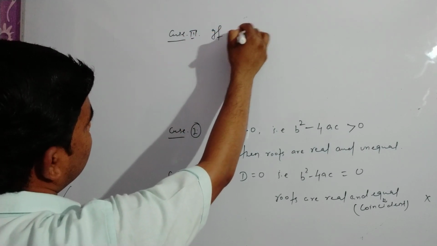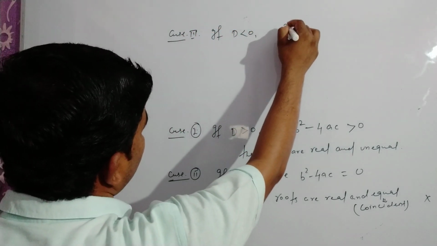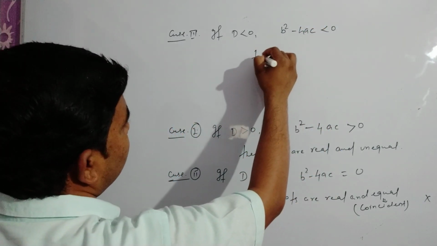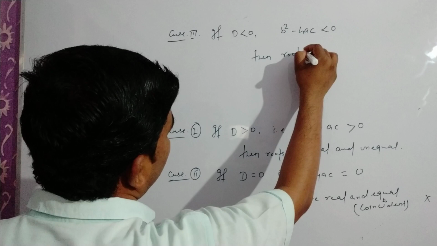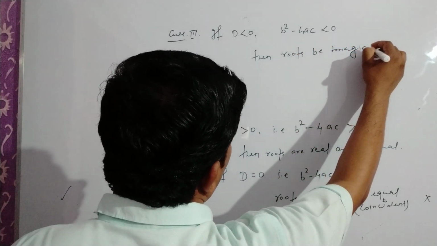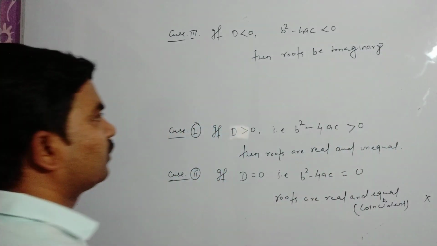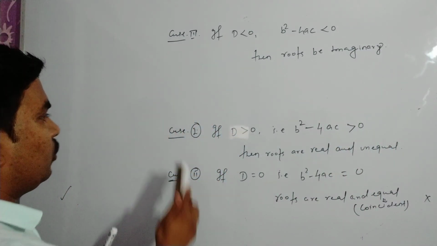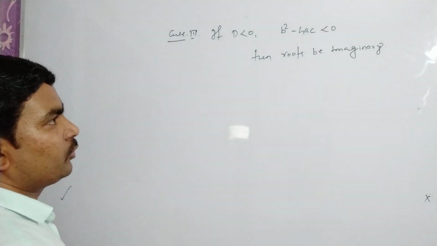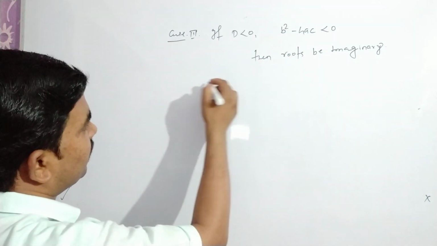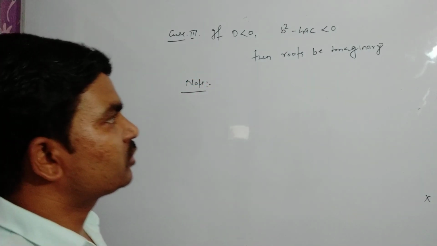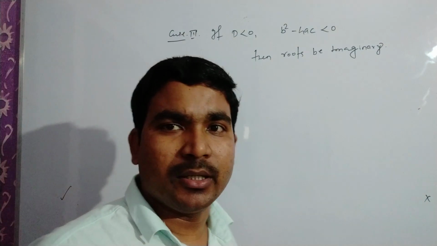If D is less than 0, then b square minus 4ac is also less than 0, then roots are imaginary. Here we discuss the imaginary roots. Always remember that imaginary roots always appear in pairs.